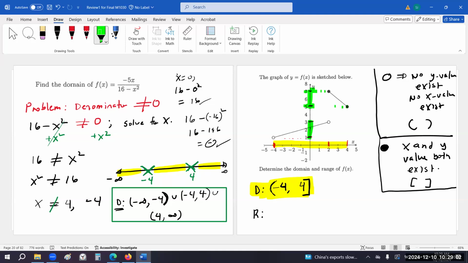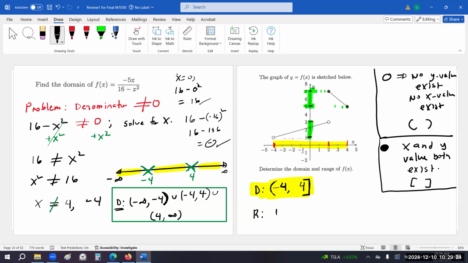Okay, so we see the y values we have for the two pieces from 1 to 3 and from 5 to 7. And between them, we have a gap. So we have to indicate that gap. So our range starts from 1 here. But for this one, we don't have any valid y value.